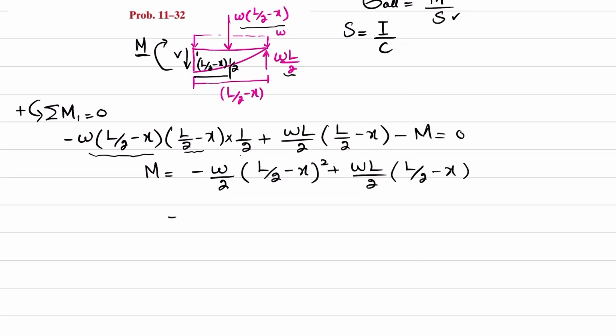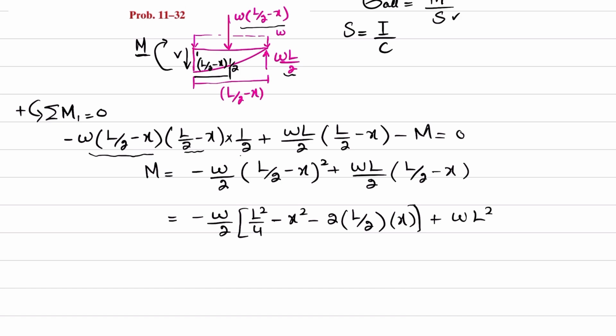We will expand it. Minus W over 2 times (L square over 4 plus x square minus 2 times L by 2 into x), plus WL square over 4 minus WxL over 2.